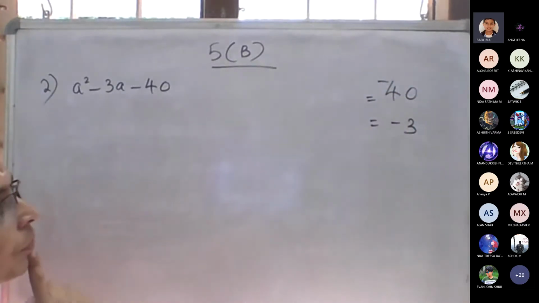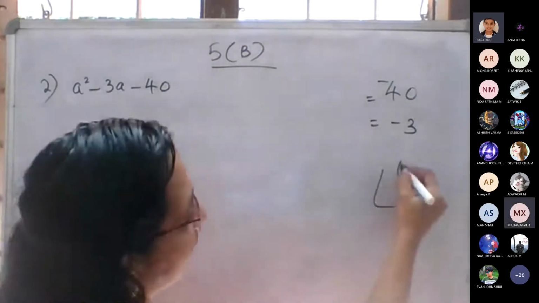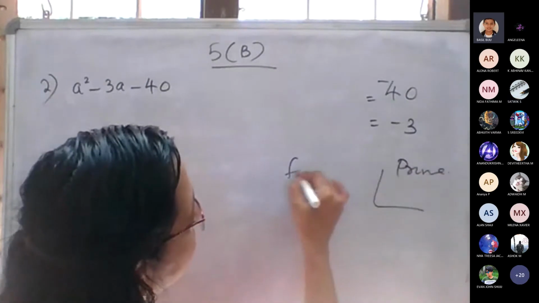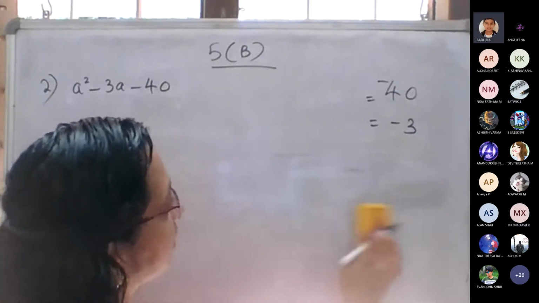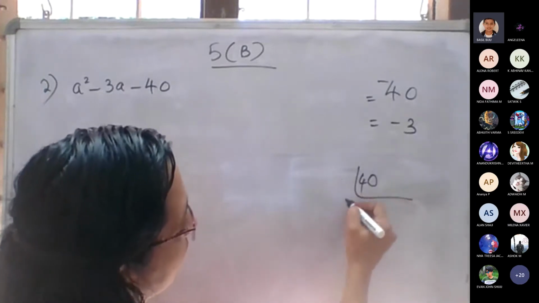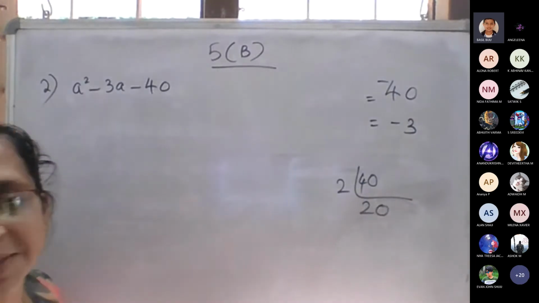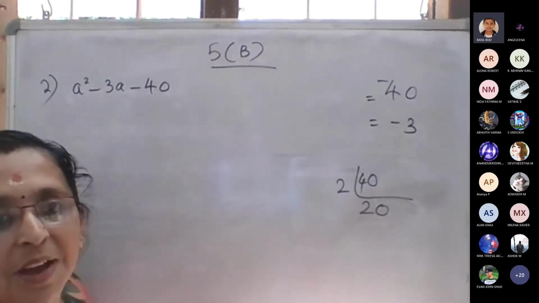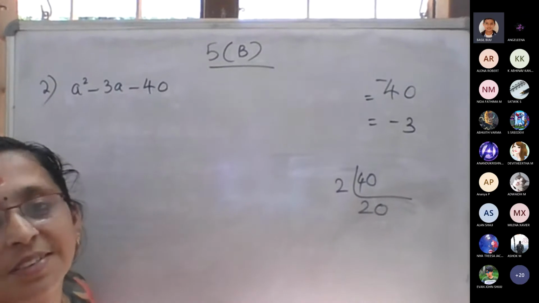So which method are you applying? Factors or prime factors? Prime factorization. So you are doing this first, 40. If you are not getting, you will go with which method?